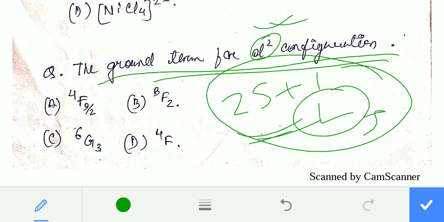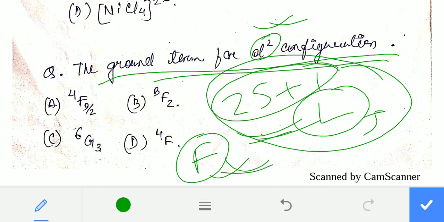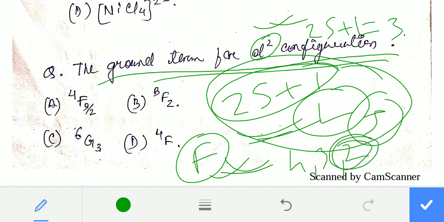For d2, the L value is F, and since it is d2, if you calculate 2S plus 1, the value comes out to be 3. The J value may be 4, 3, 2, and the right option here will be 3F2. For this question, the ground term for d2 configuration is 3F2.